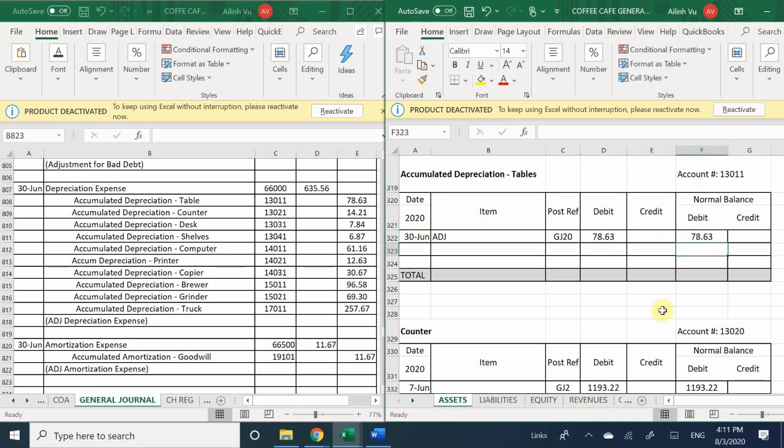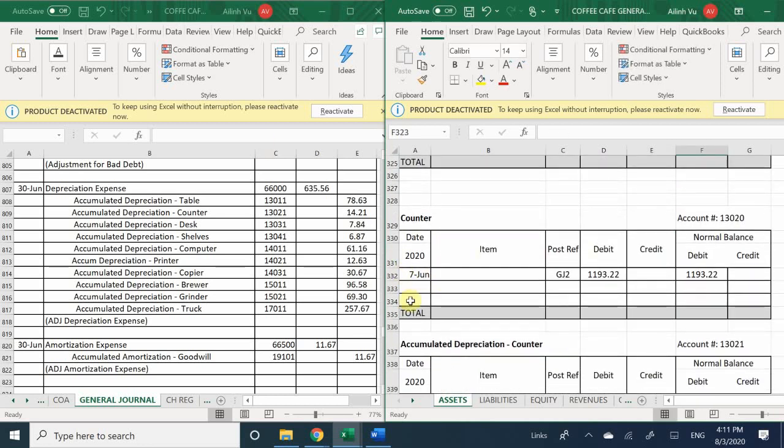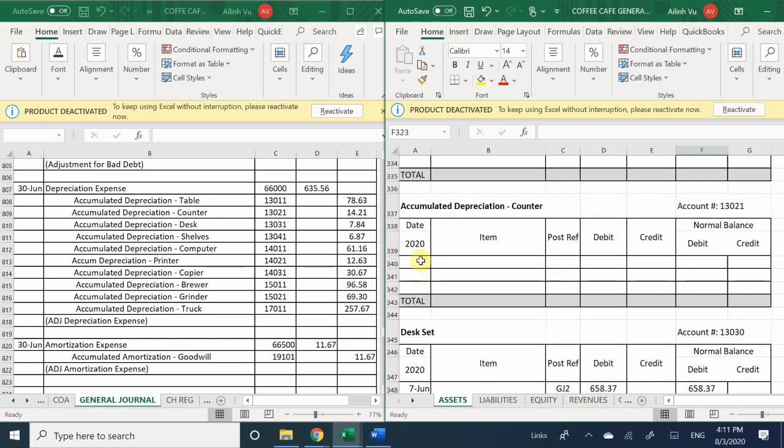Okay. So, what number are you? I mean, where are you? I'm doing furniture. I'm in the general ledger.